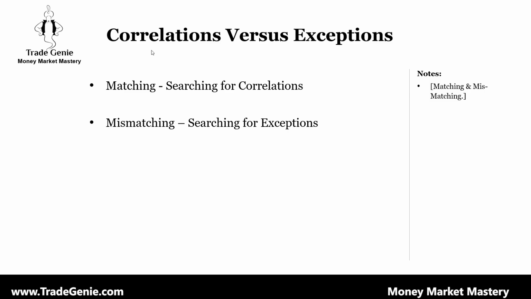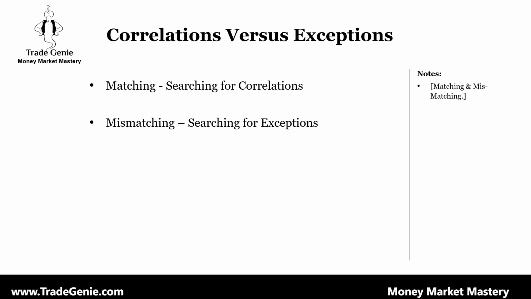In correlation, we are matching, searching for correlation. If this thing happens, then this thing is also happening because they are correlated. And then there is mismatching, searching for exceptions. There are 5 things in the room, and one is not matching.